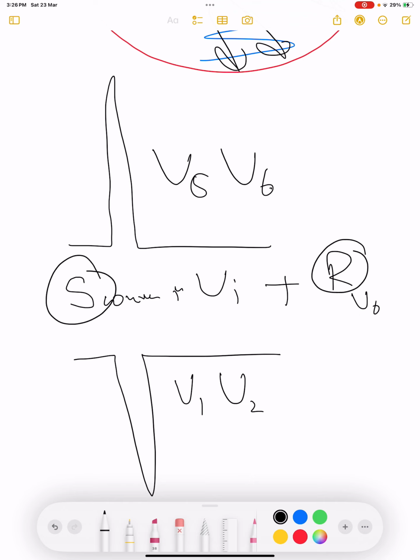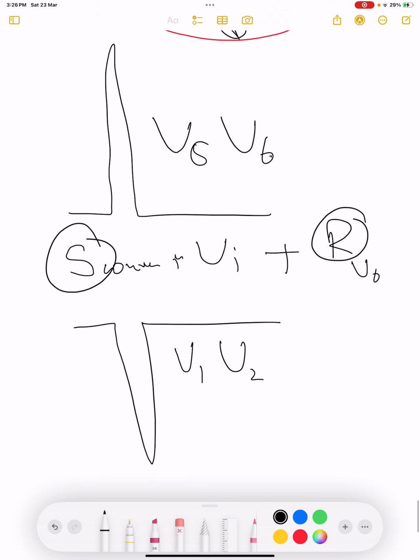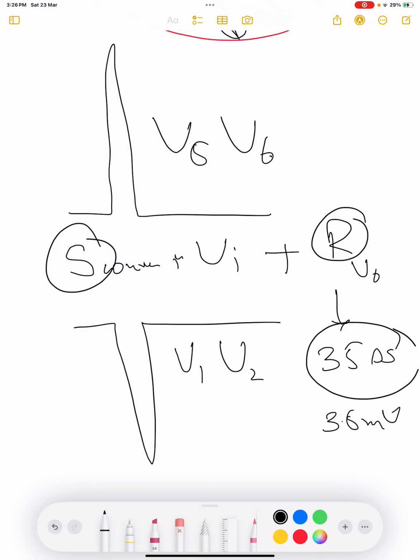If the addition is more than 35 small squares, which equals 3.5 millivolt, then we will regard it as left ventricular hypertrophy.